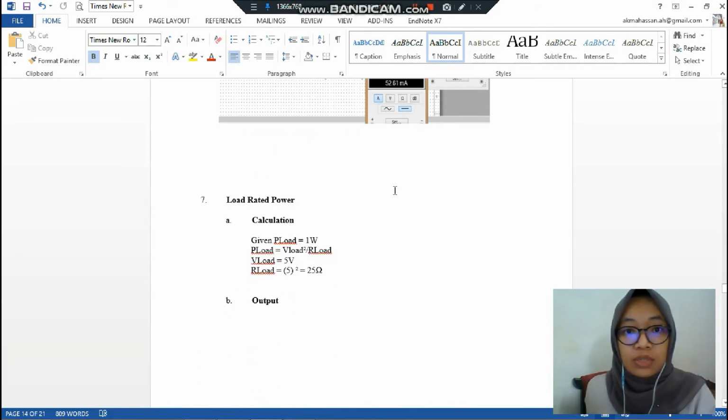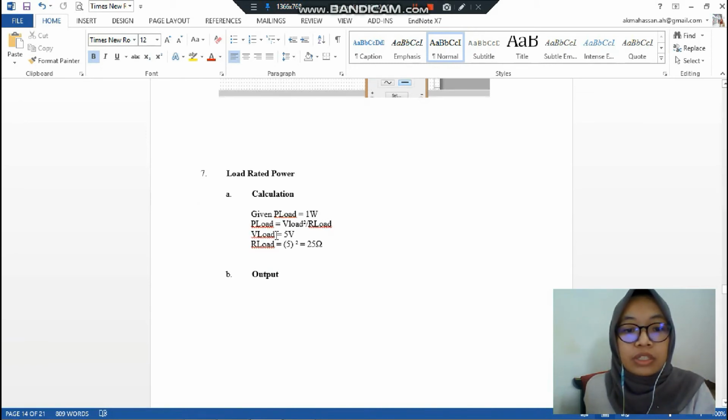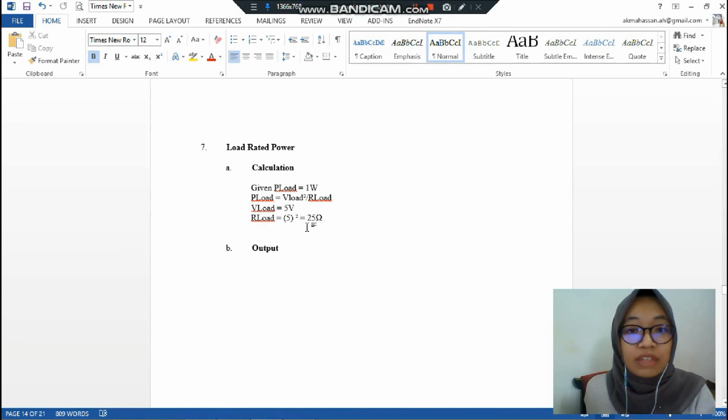Since we added the load resistor RL, we need to do the calculation to find the rated power of the load. As you know, the power load given is 1 watt. This is the formula. We insert all the data that we got, and the answer is 25 ohm.